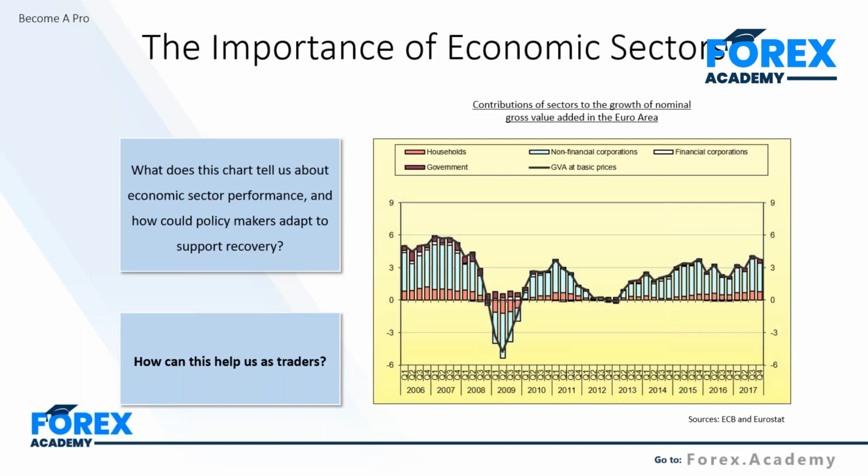Well, we know the contributions from financial institutions have been quite poor to the overall value, i.e. the gross value added, since the financial crisis seen previously. Might that sway the investment community or our decision as traders to go long or to buy financial corporations such as banks? Again, that's a question for yourself.